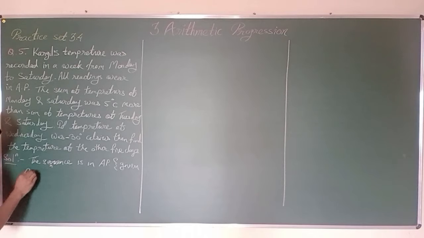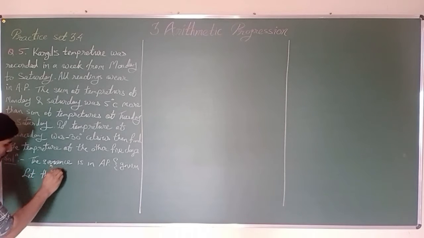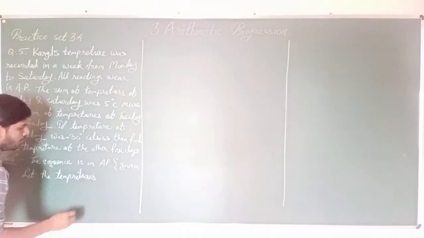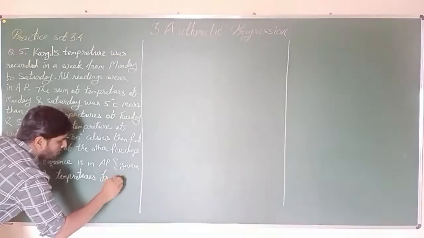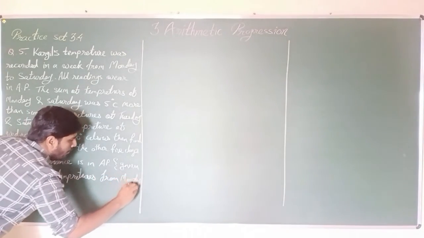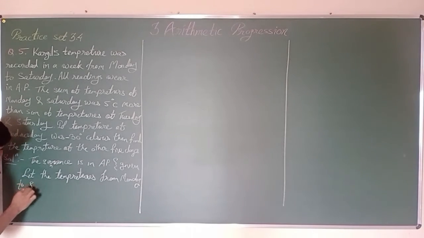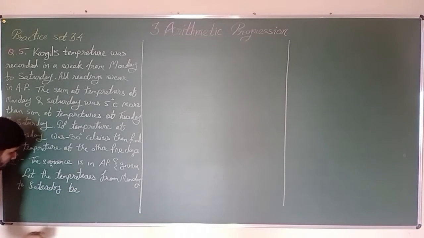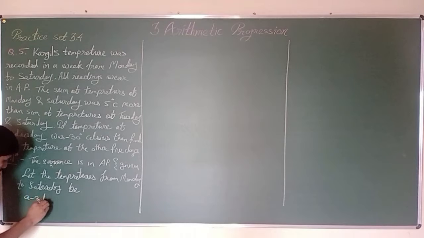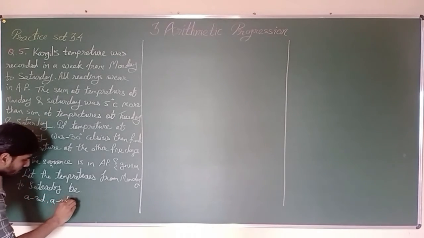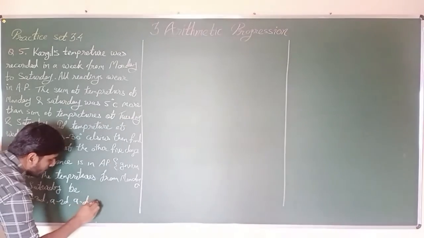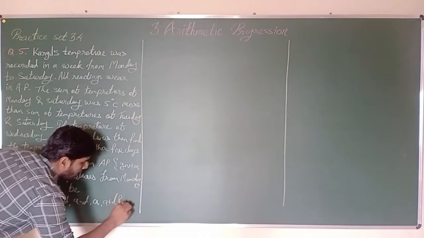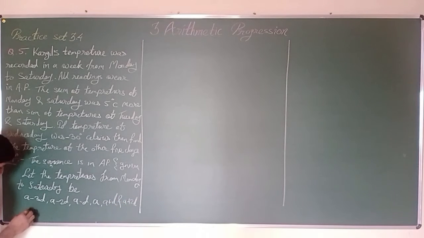Now let the temperatures from Monday to Saturday be a minus 3d, a minus 2d, a minus d, a, a plus d, and a plus 2d respectively.